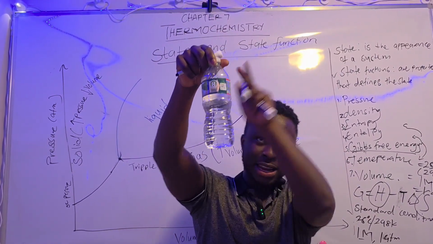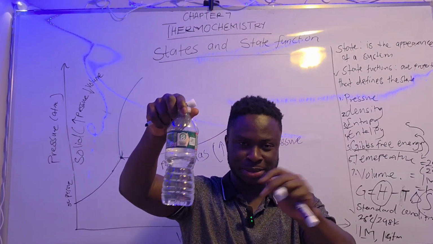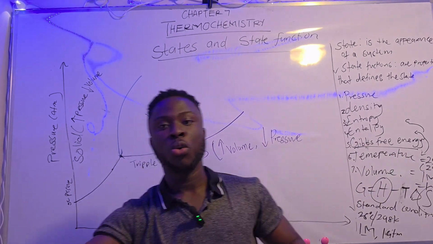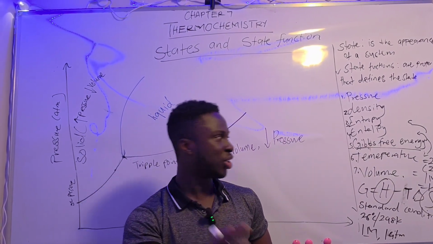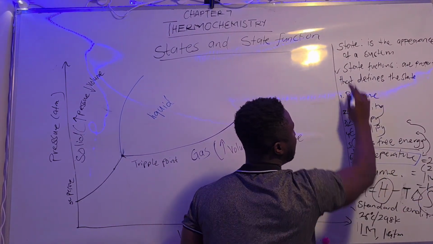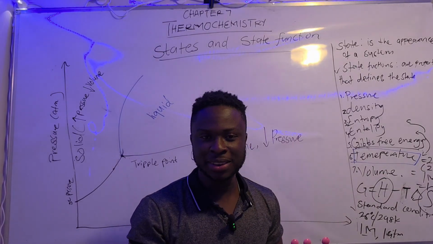In this phase, at atmospheric room temperature, moderate volume, moderate pressure, right? And then we put this into the fridge. Once we put this into the fridge, note that temperature, as one of the state functions, isn't the heat itself.